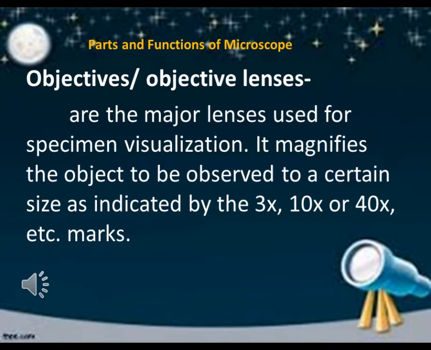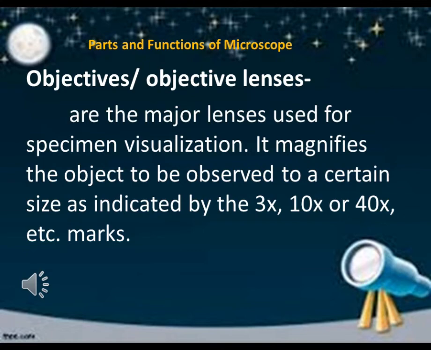The objective or the objective lenses. These are the major lenses used for specimen visualization. It magnifies the object to be observed to a certain size as indicated by the marks.